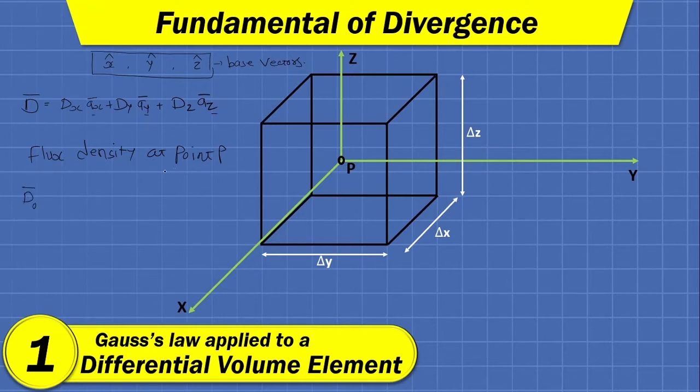We can write Dx0 ax bar plus Dy0 ay bar plus Dz0 az bar. So this is the density at point P initially. Now we will apply Gauss's law on this differential volume element.